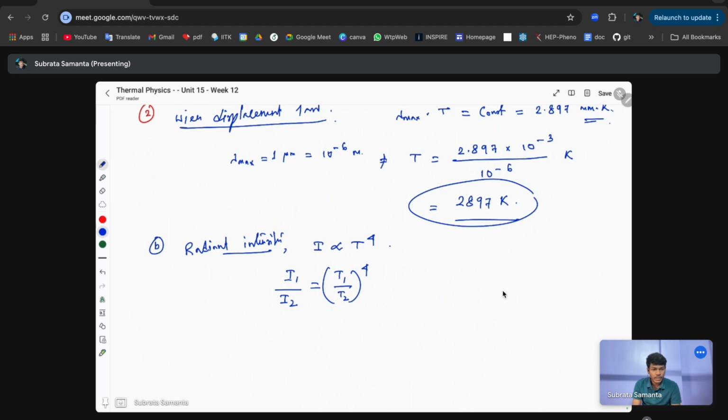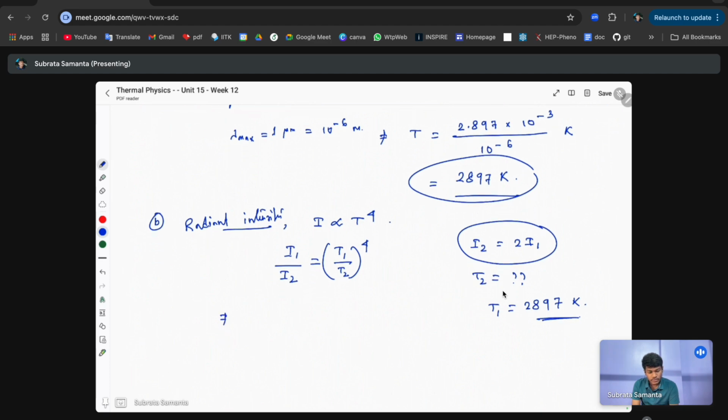Now if we increase the temperature such that the radiant intensity is doubled, I2 becomes 2 I1, and then you have to calculate T2. The T1 is 2897 Kelvin.